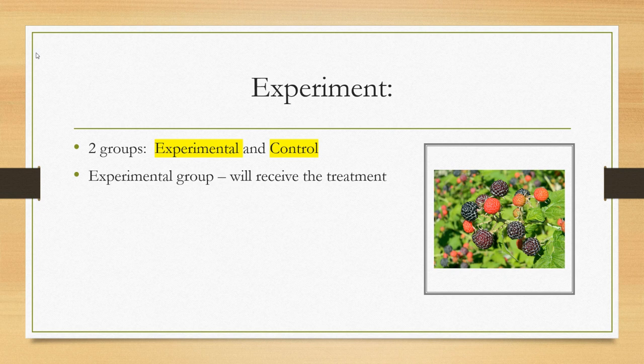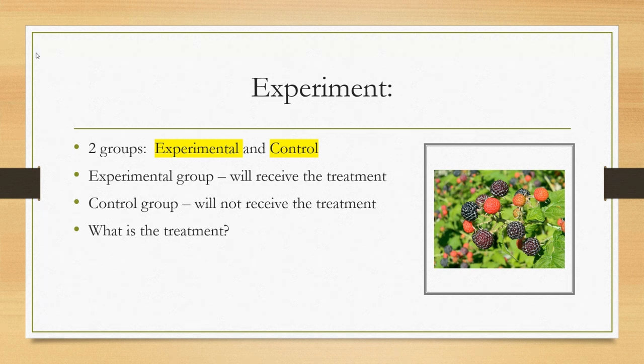The experimental group is the group that will receive the treatment. That means that they'll receive whatever variable we're testing. And the control group would not receive the treatment. So what treatment are we talking about here? Right, it's water. The experimental group will get some extra water, and the control group will not receive the extra water.